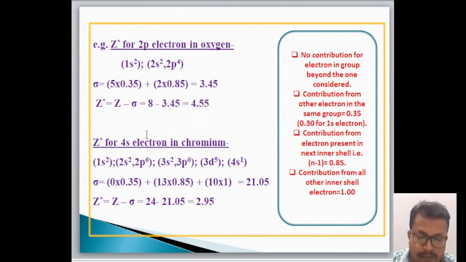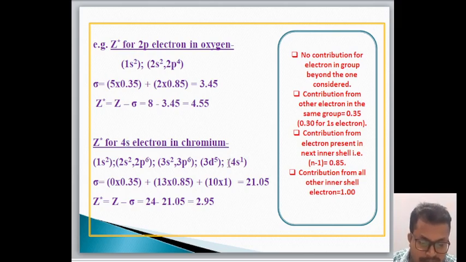Similarly, if we calculate the effective nuclear charge for the 4s electron in chromium, first we have to group the electronic configuration of chromium in this order: 1s2, 2s2, 2p6, 3s2, 3p6, 3d5, then 4s1. We are going to find the effective nuclear charge for the 4s electron. First we will find the screening constant.